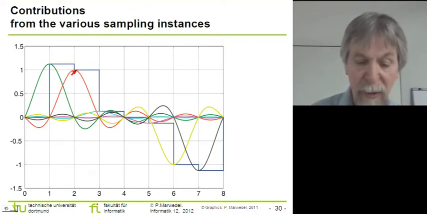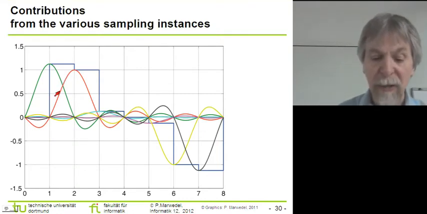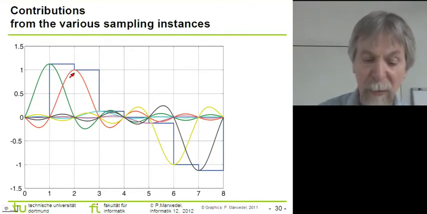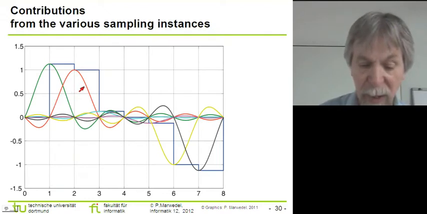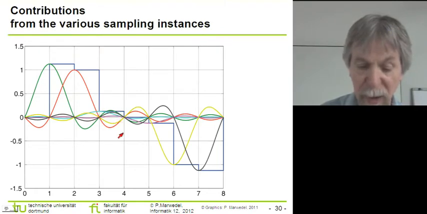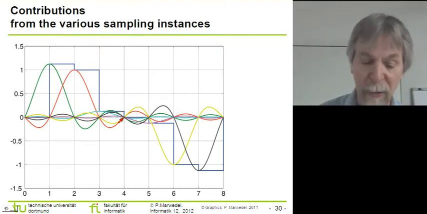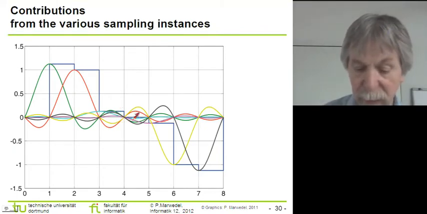And then for this sampling instance t equals 2, we have a contribution that is resulting in this red curve, and the red curve describes the impact of this instance of time to the adjacent times. And we have a similar observation here for the third sample. For the third sample, we have a contribution there in the neighborhood, except where the neighborhood is also one of the sampling instances. And the same applies for the other contributions over here.